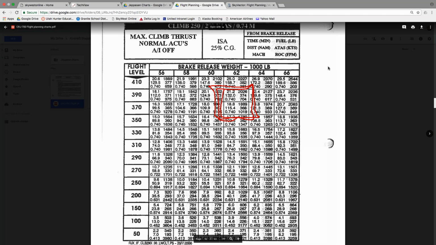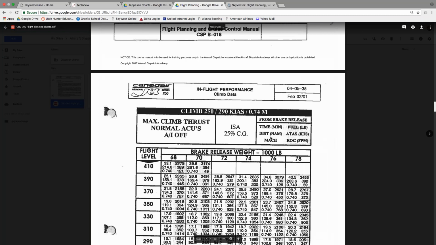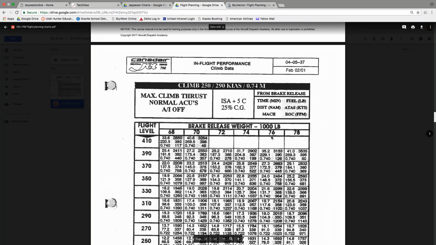For the sake of our own sanity, fuel and our top of climb. Oh, that's a climb chart. That's our problem. My bad. You've got to be careful. I was wondering why that looked wrong. Now, this is the one where we only need like two of the numbers.